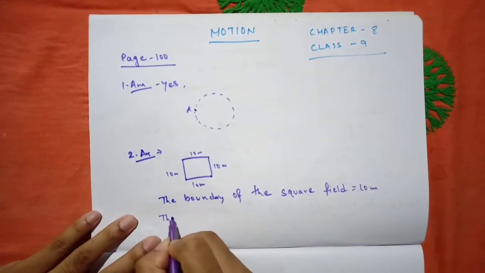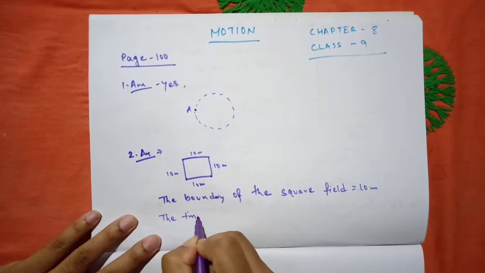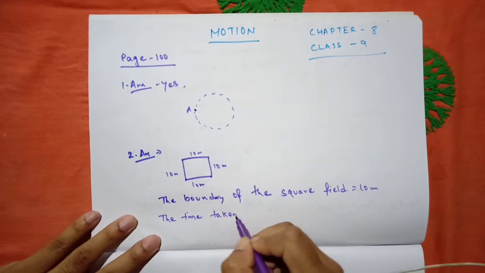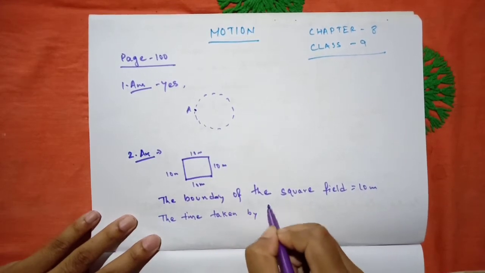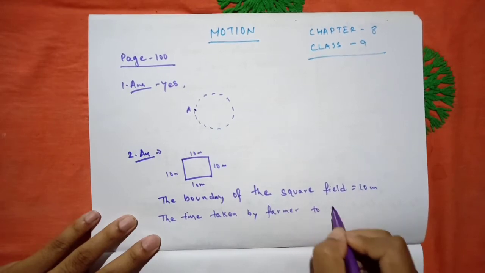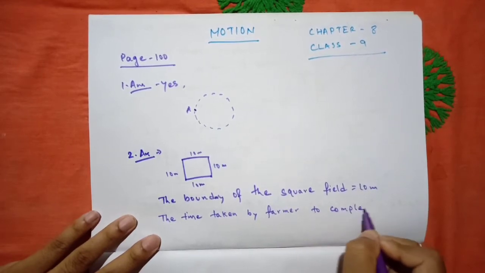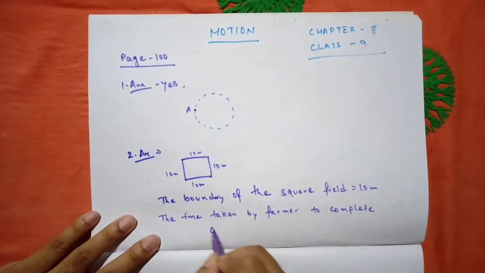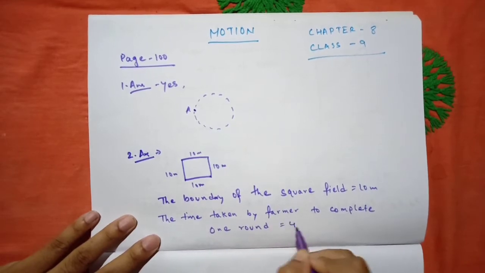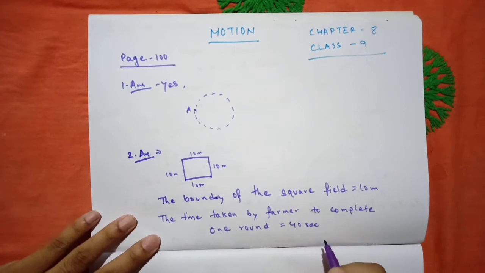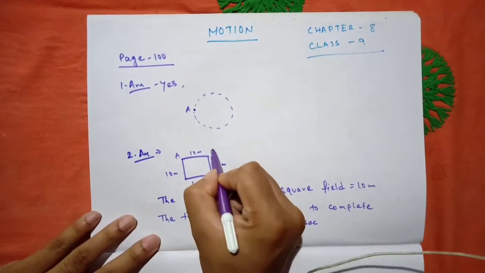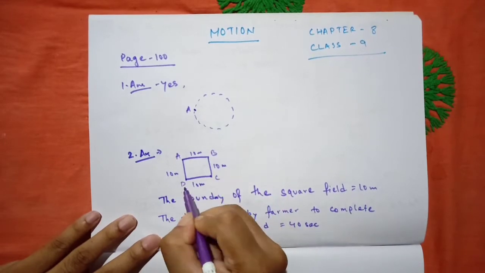Now the time taken by the farmer to complete one round is 40 seconds. Okay, now let us name this as A, B, C, D.